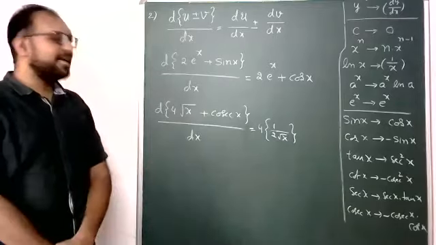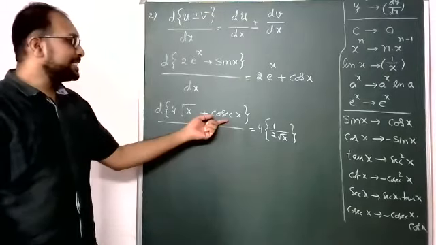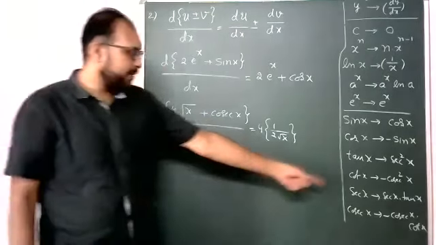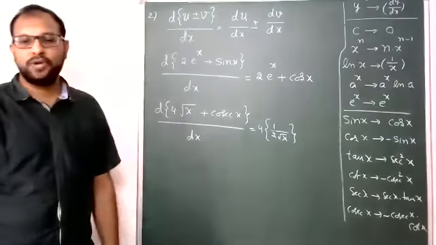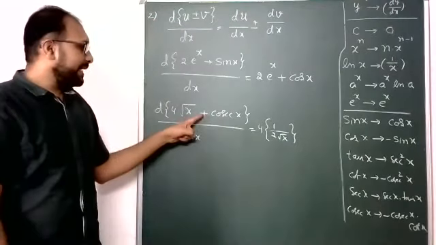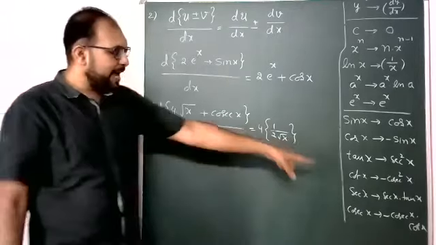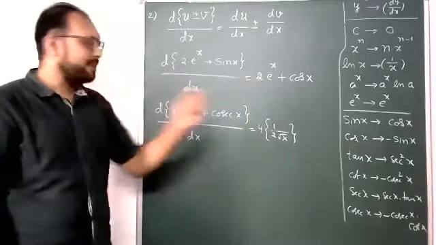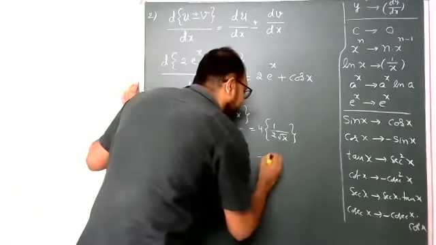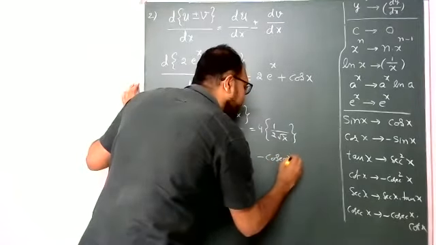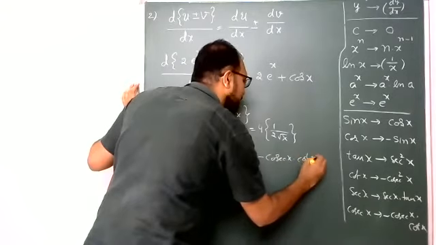Now coming to the second function. Students, the derivative of cosecant x we know is minus cosecant x into cot x. But here plus is there, and plus into minus gives minus, so minus cosecant x into cot x.